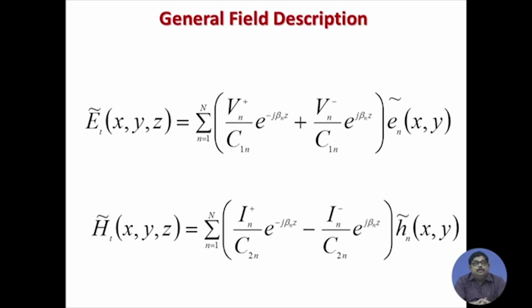So, generally the transverse field E t can now be described in terms of those equivalent voltage and currents as V n plus by C 1 n, as you see, the sum of V n plus and V n minus. Similarly, the transverse magnetic field also can be written in terms of equivalent currents I n plus and I n minus, with C 2 n there.